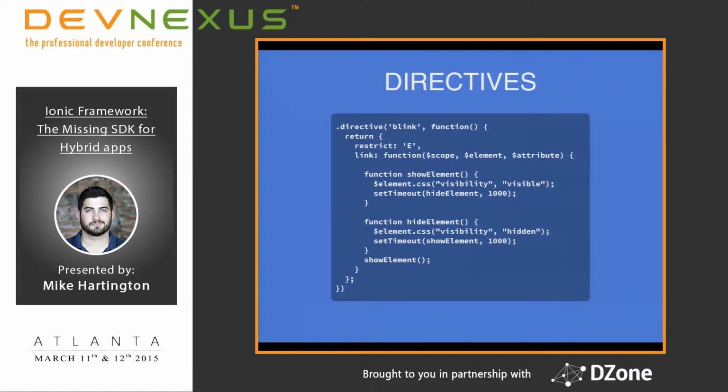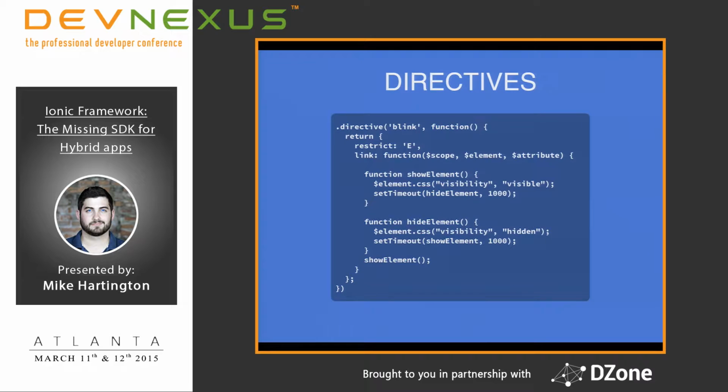And we're going to give it two functions. So we're going to have a function called show element, which is just going to set the visibility to visible. And then after a second, we're going to call hide element. So hide element is just going to hide the actual element. And then another second later, we're going to call show element. And to kick everything off, we're going to call show element right off the back.